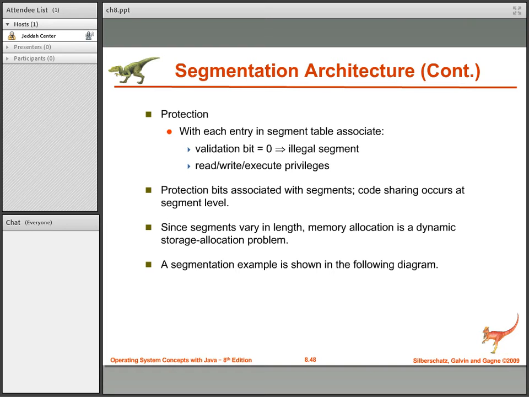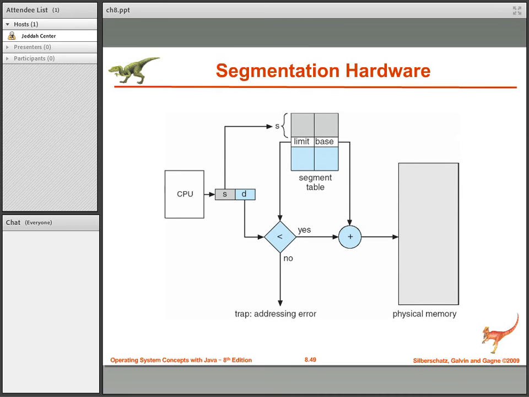A segmentation example is shown in the next slide. It has the CPU, then the segment part and the displacement or offset part. First you have to check the segment part. This will give you the limit in the segment table. Now we're talking about segments, not about pages.